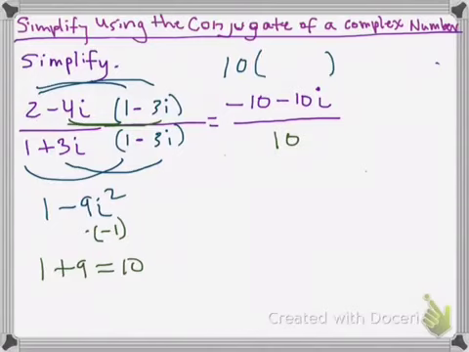So if I divide by 10 and write my leftovers, I've got a -1 and a -i left. Now I've got this 10 multiplied, because whenever you have a number next to a parenthesis, that's known as multiplying. So 10 times this binomial, and then divide by a 10, because that's what my denominator is. So really, these 10s turn into a 1, because 10 divided by 10 is 1. So my final answer is -1 minus i.